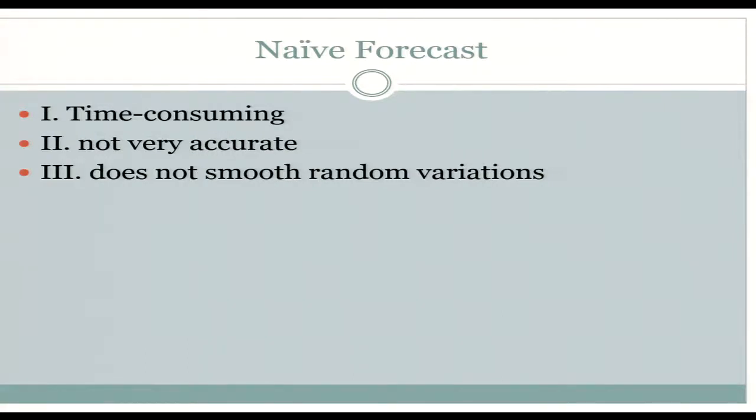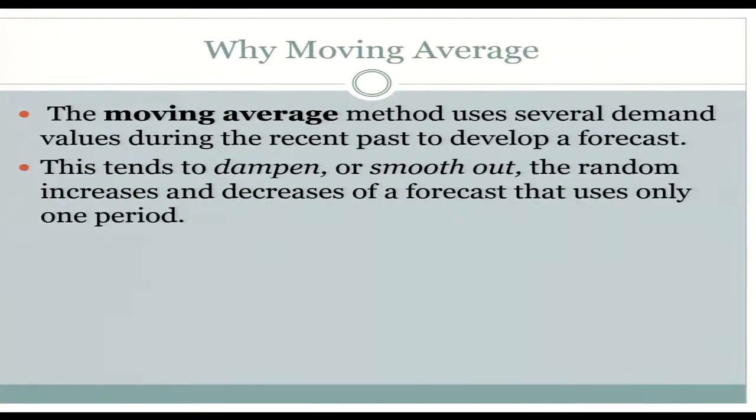What we know is naive is not very accurate, right? And it just doesn't smooth random variations. It's not as useful as the second one, moving average. So this is why I choose the moving average.